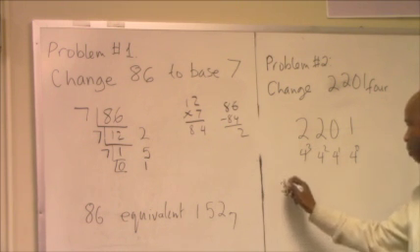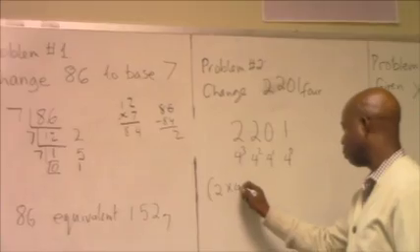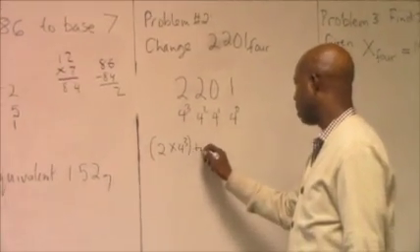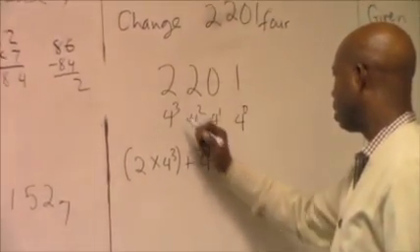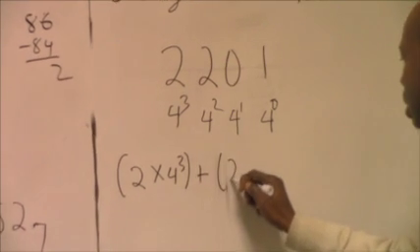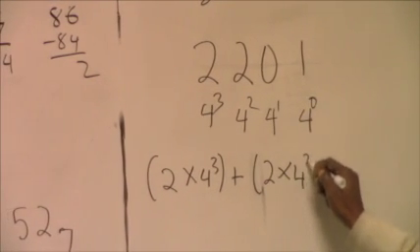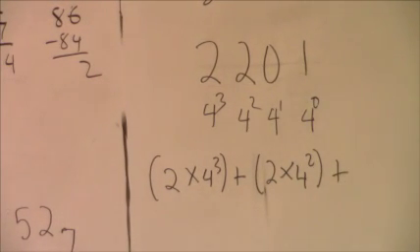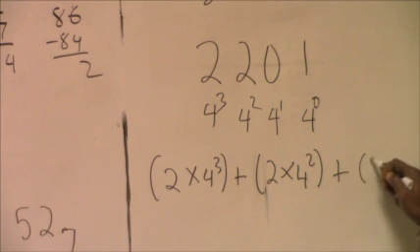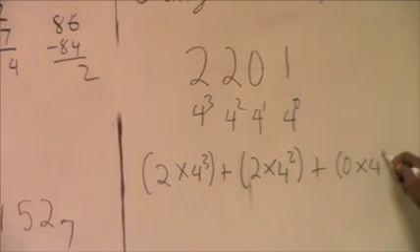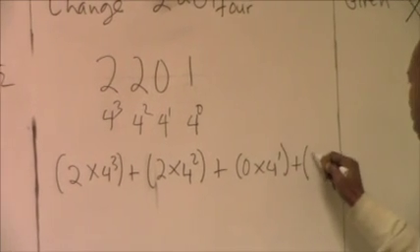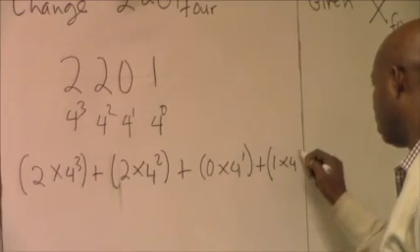Then we're going to find this product: 2 times 4 to the third power plus 2 times 4 to the second power plus 0 times 4 to the first power plus 1 times 4 to the 0 power.